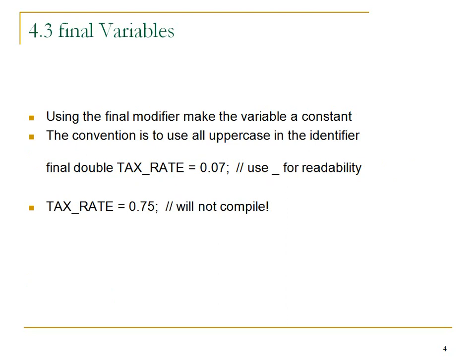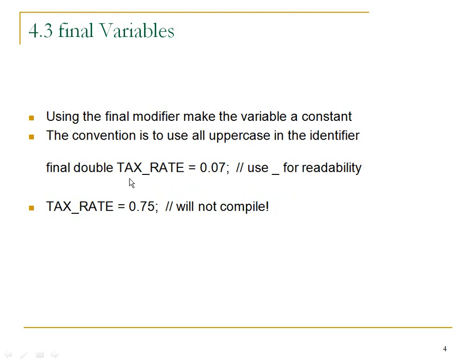Okay, here's the miscellaneous topic. The final modifier. When you declare a variable and you don't want its value to change, you can modify the value using the keyword final.